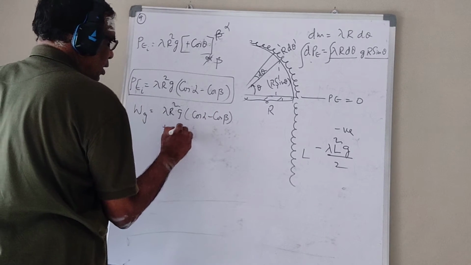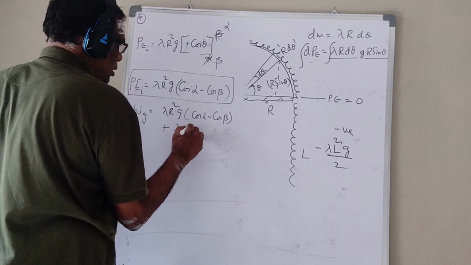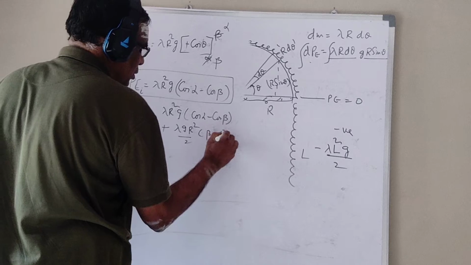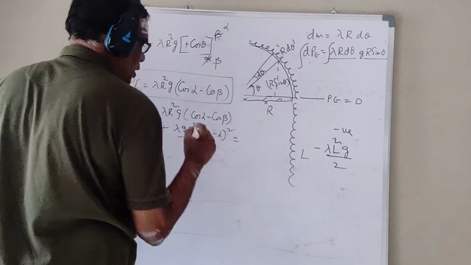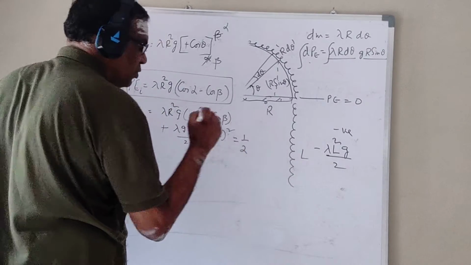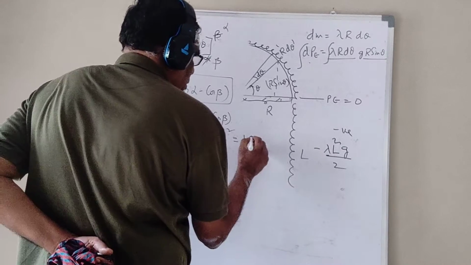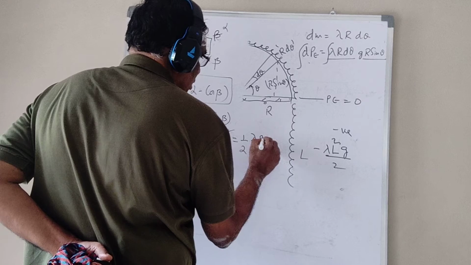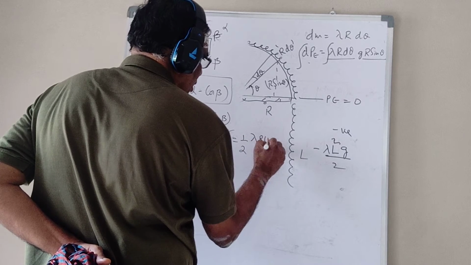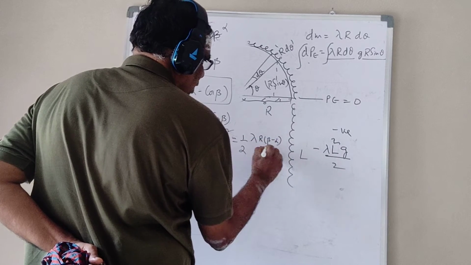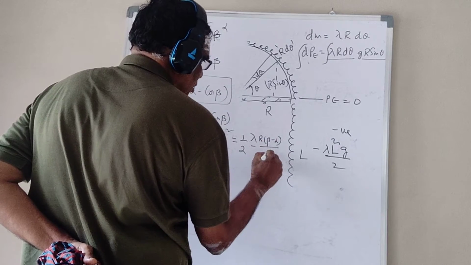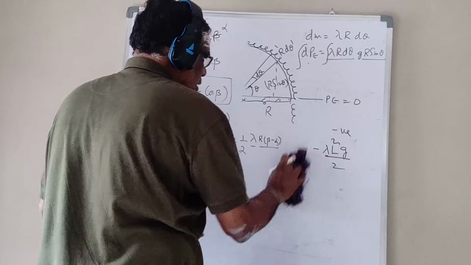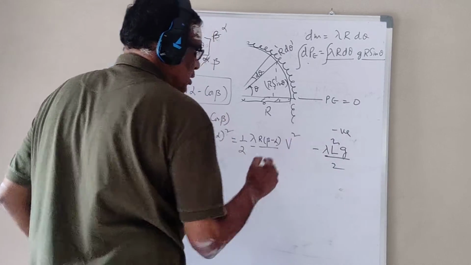plus lambda g r square by 2, all this is equal to half lambda, mass I have to put r into length, this is mass, v square. Now don't write it as m by v square, v square.